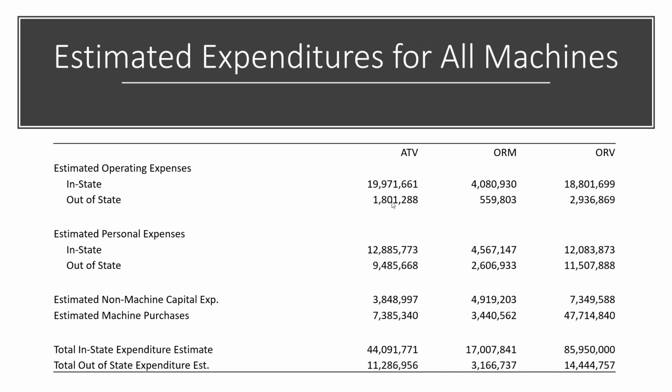So total expenditures in-state, out-of-state, and new vehicle purchases were $55.4 million for all-terrain vehicles, $20.2 million for off-road motorcycles, and $100.4 million for side-by-sides.